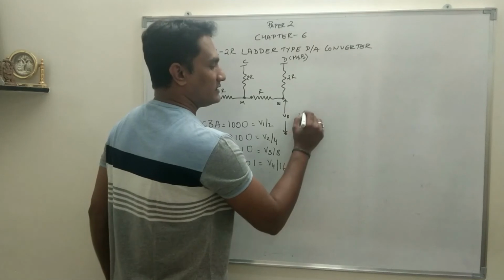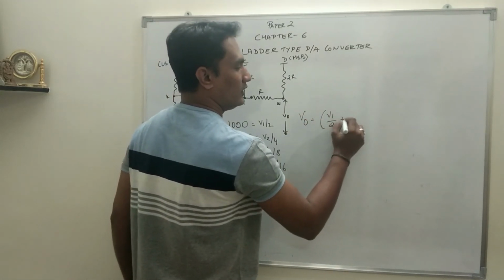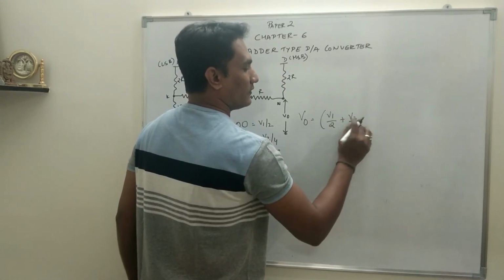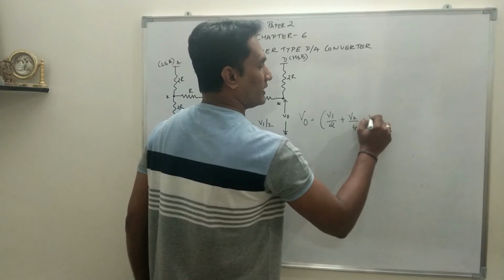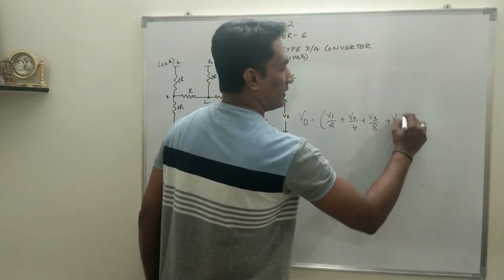So the output voltage V0 is equal to V1 upon 2 plus V2 upon 4 plus V3 upon 8 plus V4 upon 16.